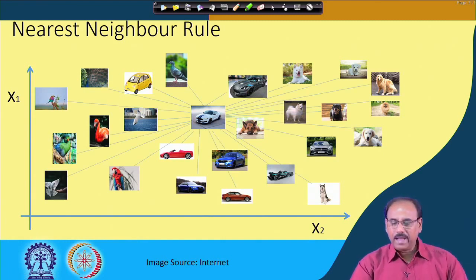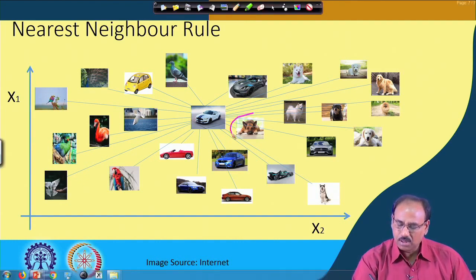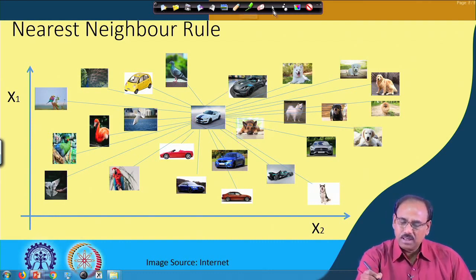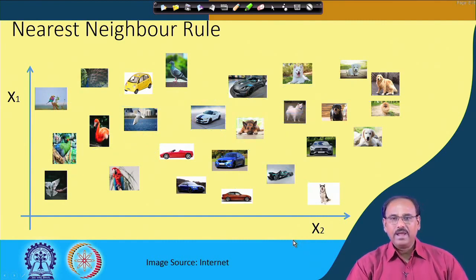So, if you go back to the previous one, you find that probably this is the one nearest to this unknown image. So, my classification rule is that whichever image is nearest to it, I identify this unknown image to be the image corresponding to that class.